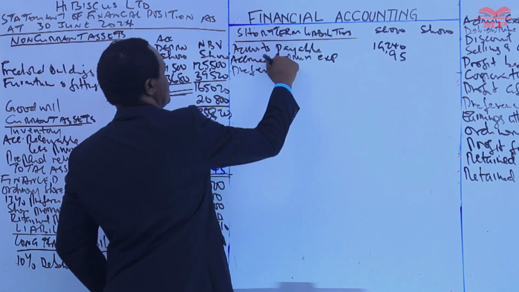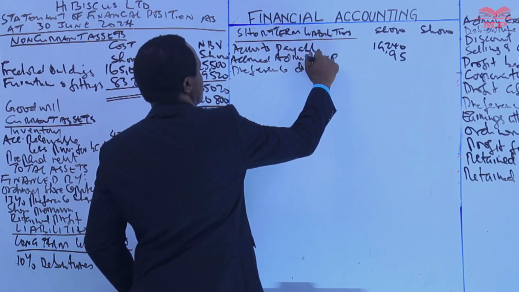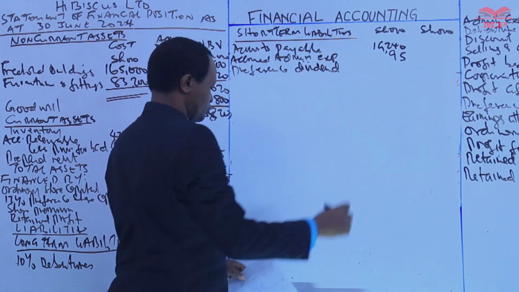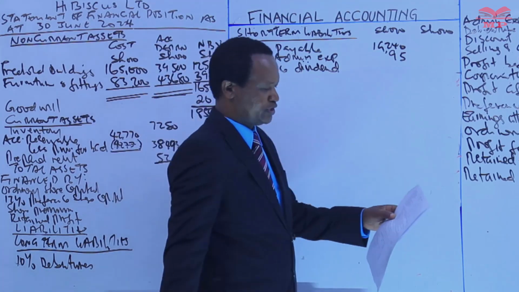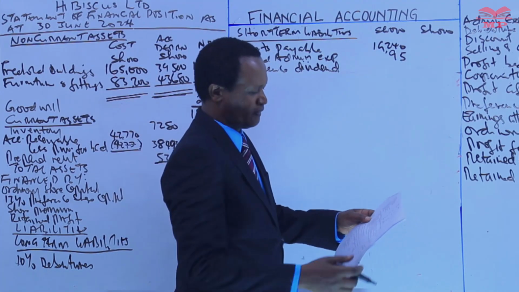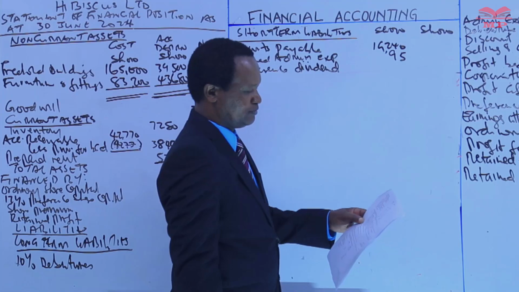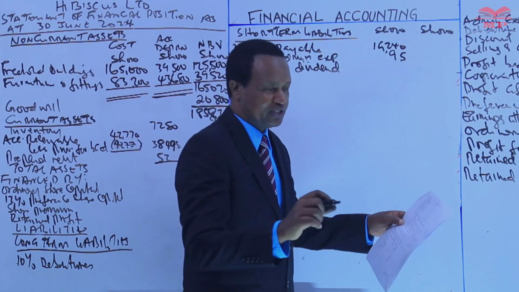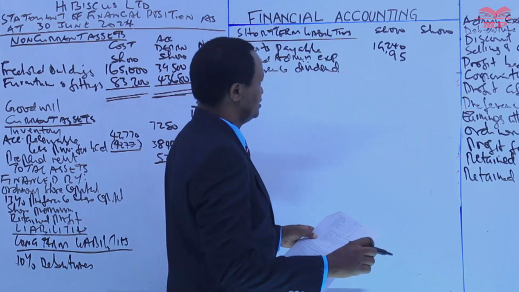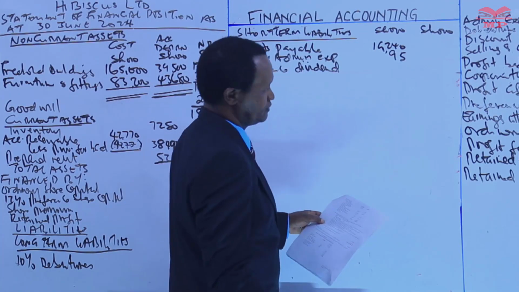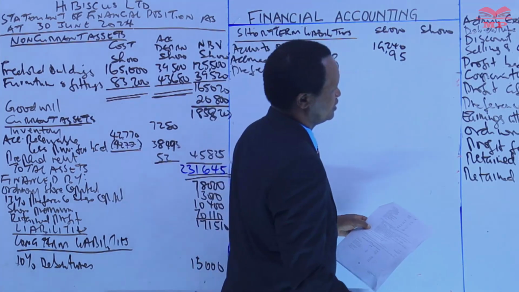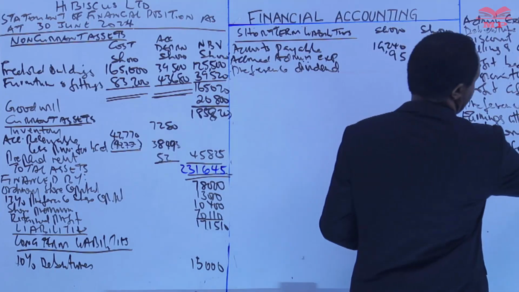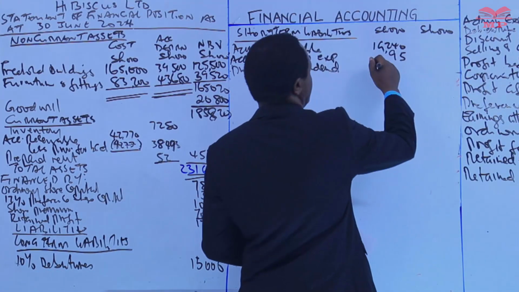Preference dividend has not been paid because we read from the additional information, note number 7 and note number 8, that the company proposes. The company is proposing, it means the dividend has not been paid. So how much is the preference dividend? 1560.